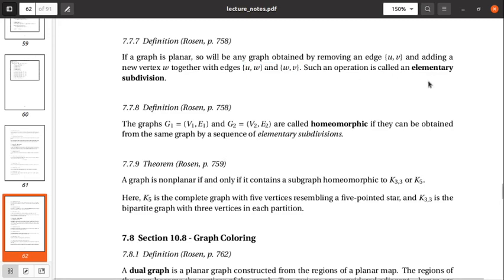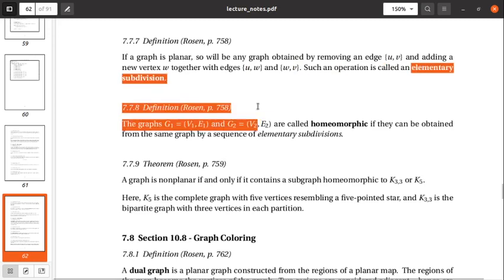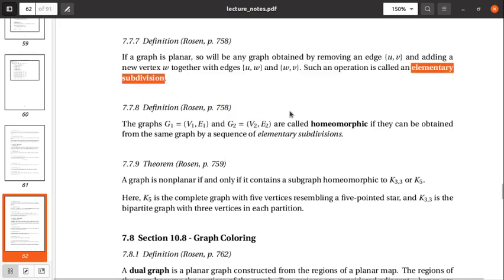And so by definition, we call such an operation an elementary subdivision. You're adding vertices, and you're even increasing the number of edges, and yet you're not doing a whole lot. It's just this elementary subdivision, or you're boosting signal, if you want to think of it that way.